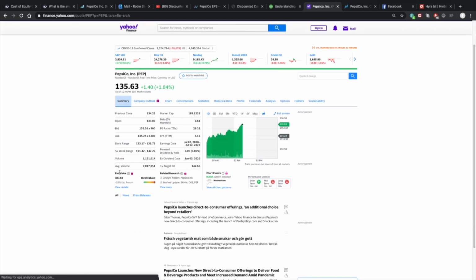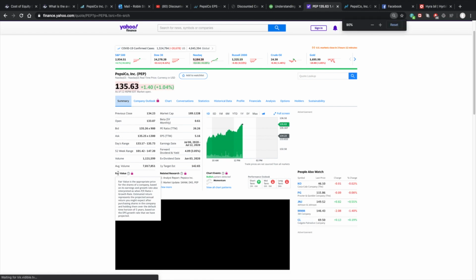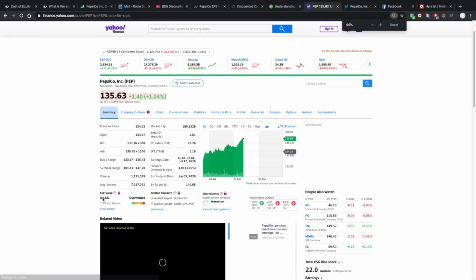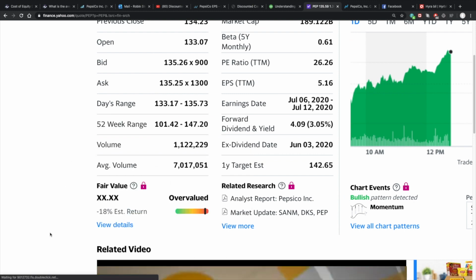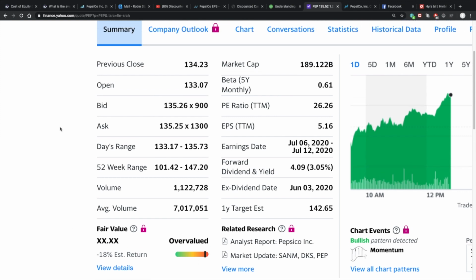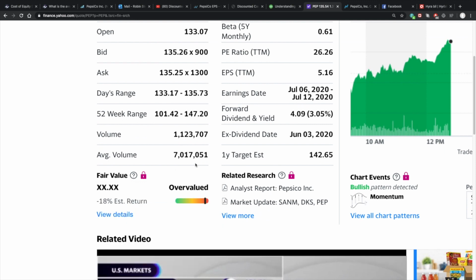If I zoom in right here, you can see that the fair value the analysts have gotten is also indicating that at the current share price of roughly $133, the stock is currently overvalued, which is actually in line with the result that we got.